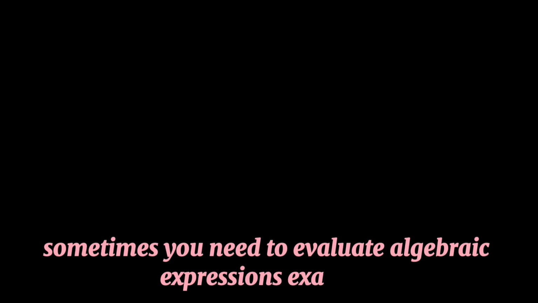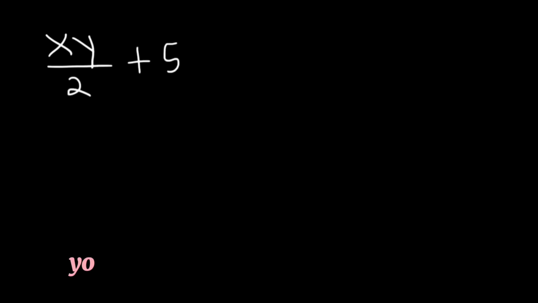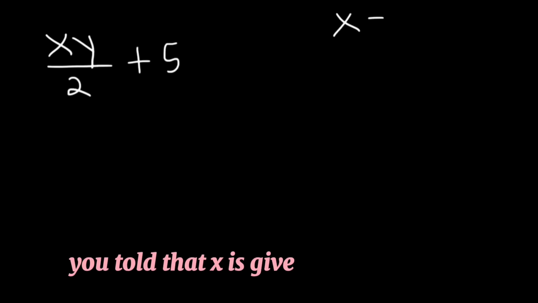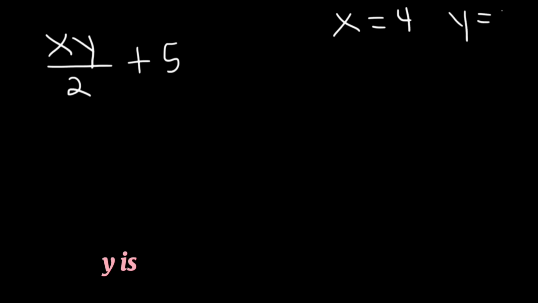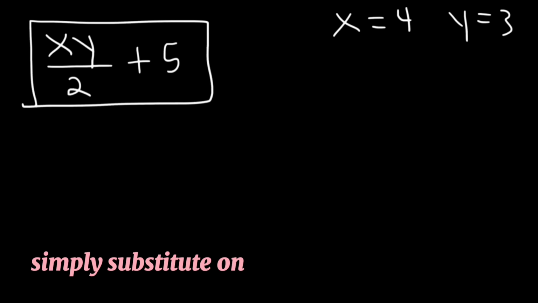Sometimes you need to evaluate algebraic expressions. Example, x times y, the whole over 2 plus 5. You are told that x is given. x is equal to 4, y is equal to 3. So our work here is to simply substitute in the algebraic expression.